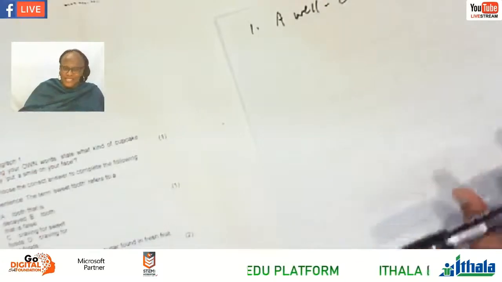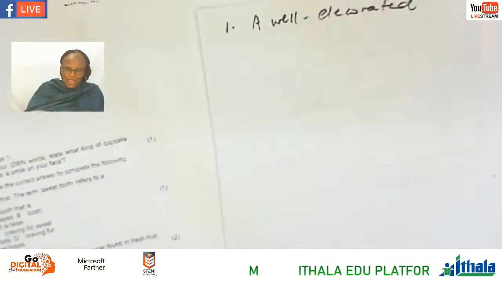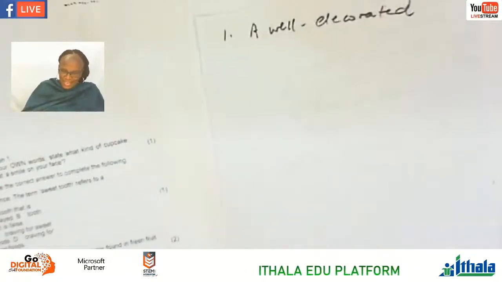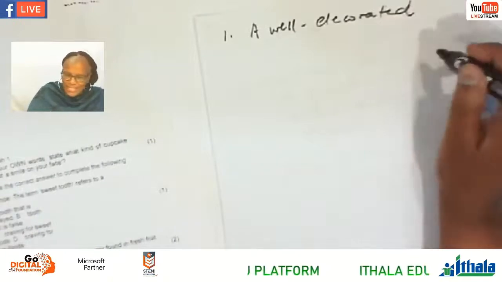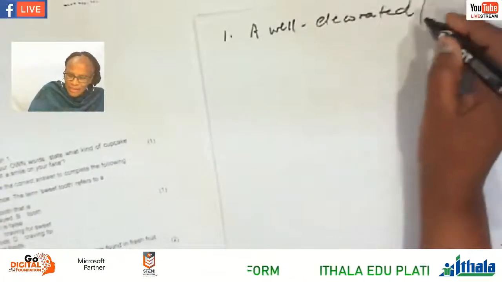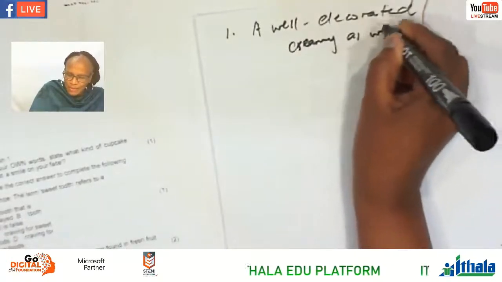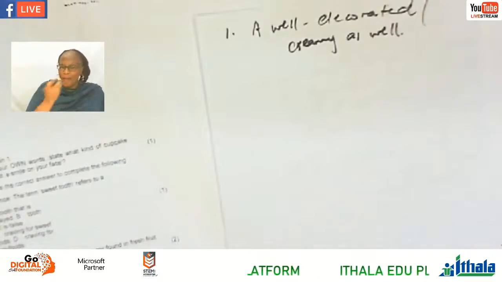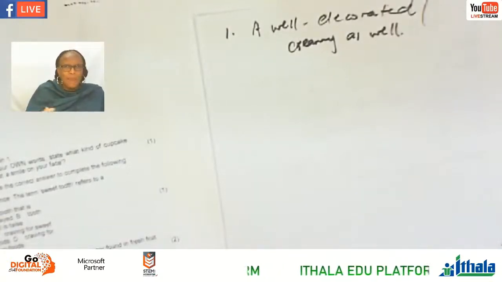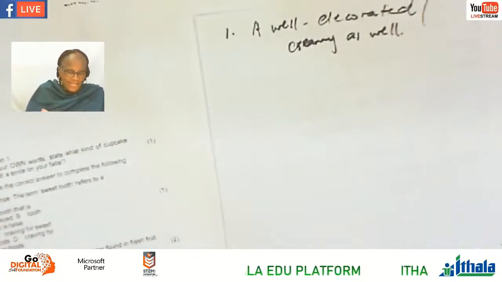Lokho okuhlobisayo. A well-decorated cake. It can be well decorated. Mhlambe ibe creamy, as well as mhlambe creamy. It's creamy as well. That kind of a cake can really put a smile on your face. Usungayibhalela ke nawe ke mhlambe any other thing, a type of a cake that can put a smile on your face.